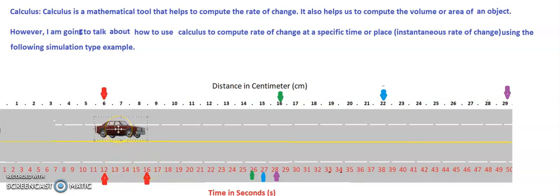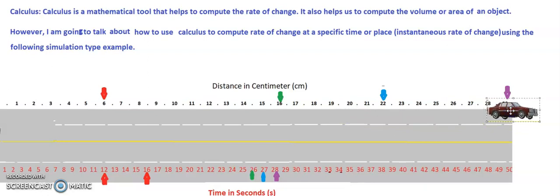Then the car is gonna move with the same speed as previously. My movement may not be accurate. Right now the car is gonna speed up in 1 second. It's gonna speed up again in another second. When I move the car, I could make a mistake.